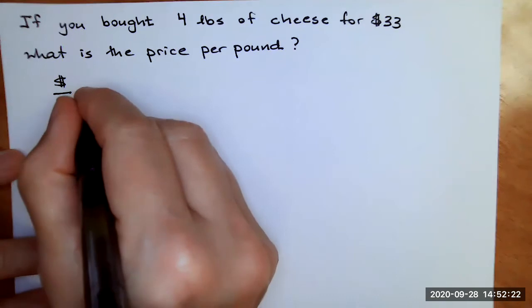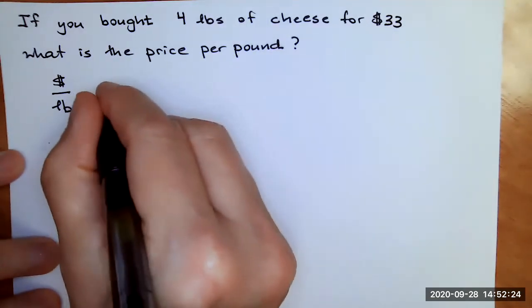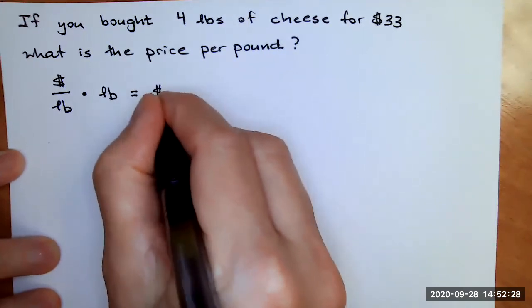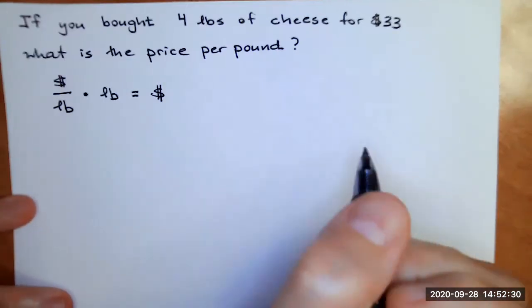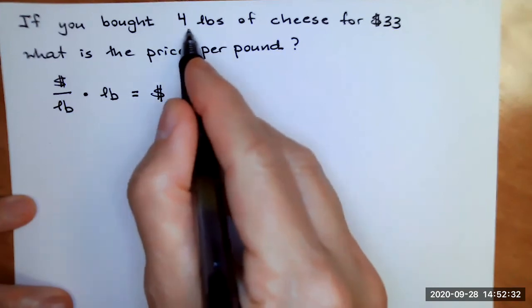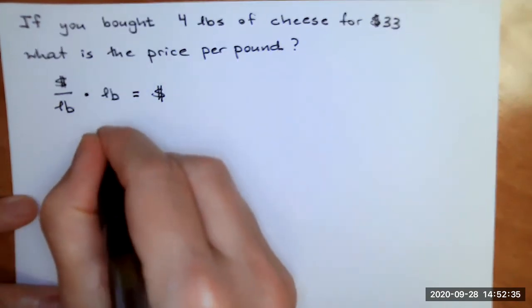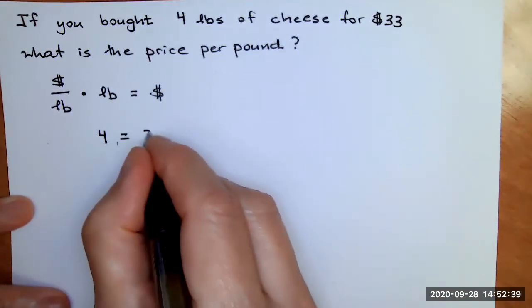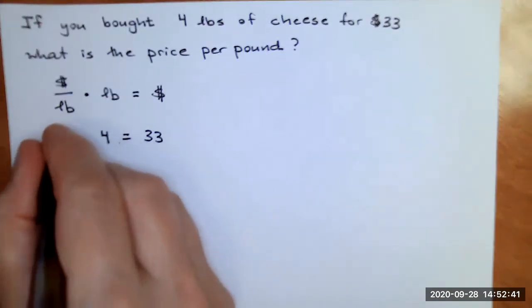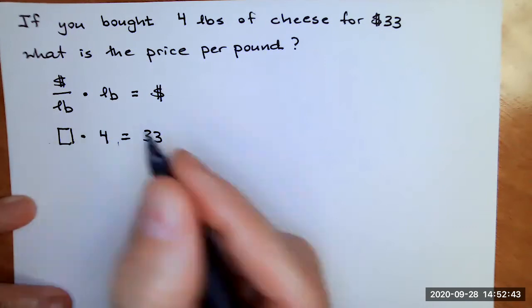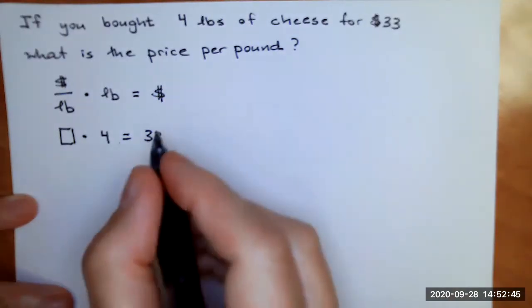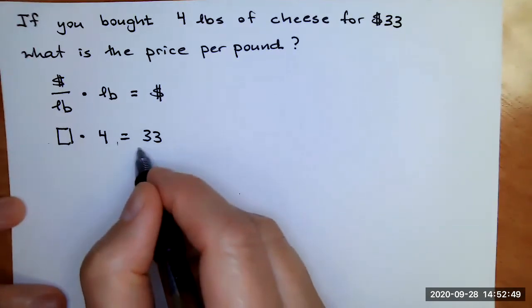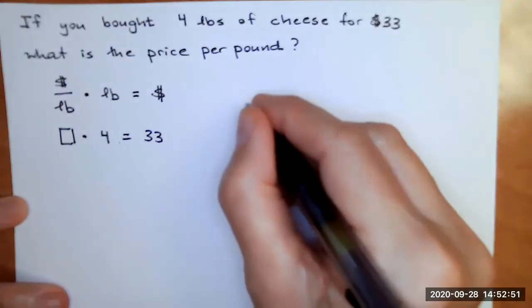Dollars per pound times the number of pounds is the total number of dollars. So I know the total number of pounds. I know the total number of dollars. I'm looking for the price per pound. So this is a missing factor, so we need to divide the product.